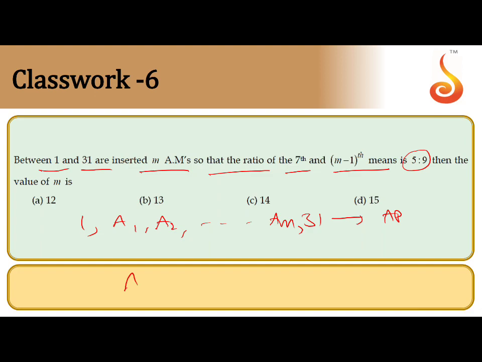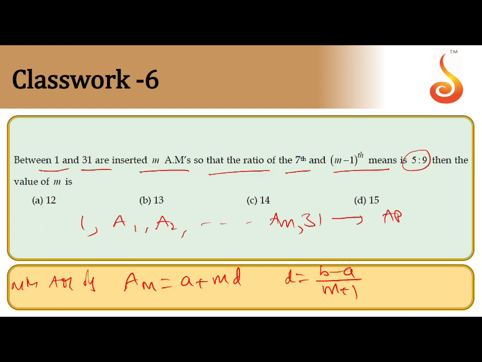And what is called an AM? Am is called the mth AM. The mth AM is Am, and that formula is A plus m D. So here the D value is nothing but (B minus A) by (m plus 1). This one I explained in the concept. So how to calculate the value of m? Using the data they are given, A7 by A(m minus 1) as 5 is to 9.